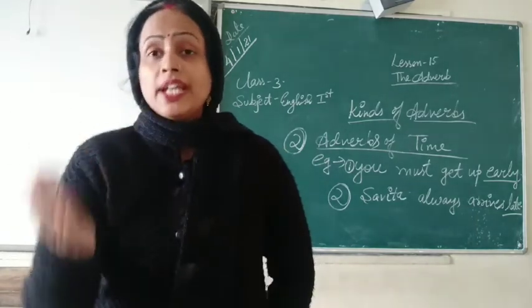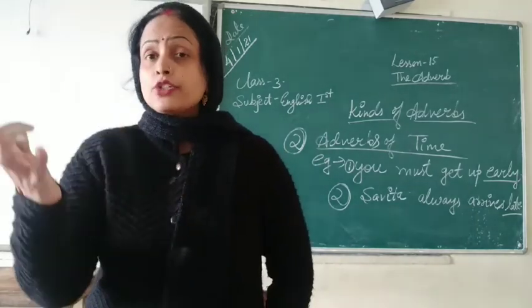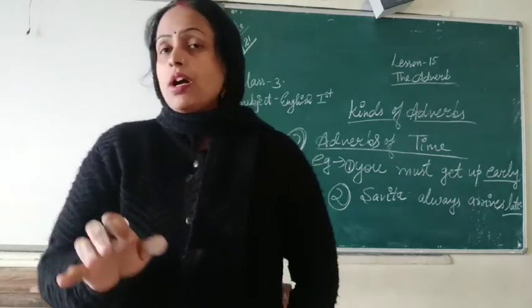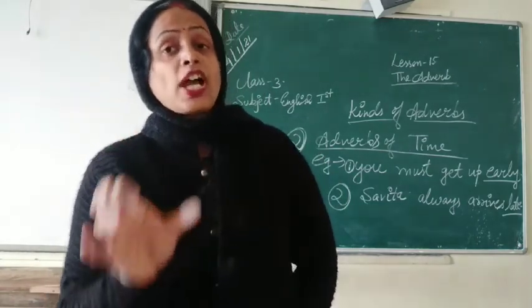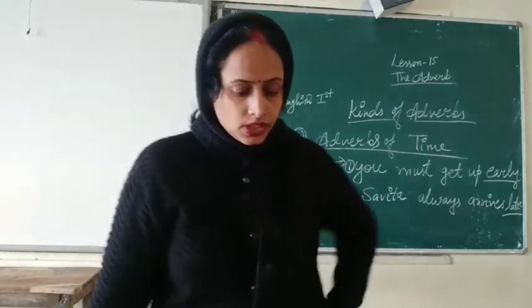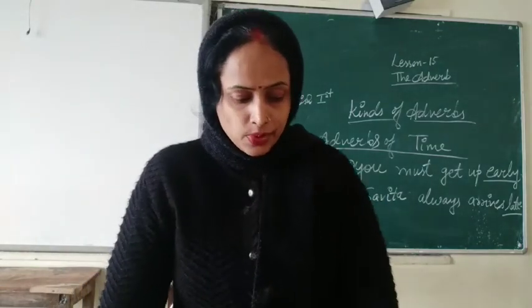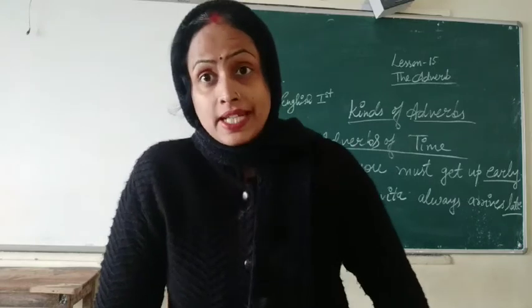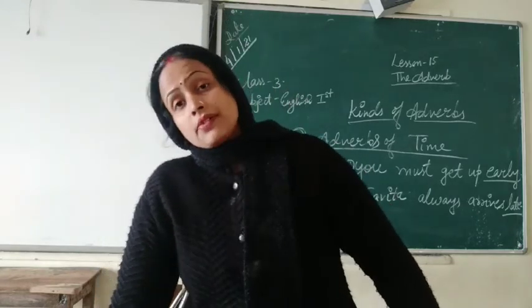Yesterday, tomorrow, late, early. These all come under what? This tells us about time. Okay, so in these sentences, suppose: obey me immediately. You must get up early. Savita always arrives late.